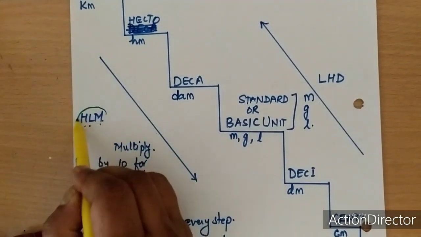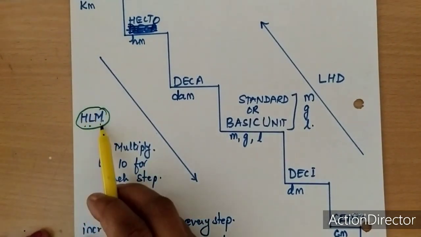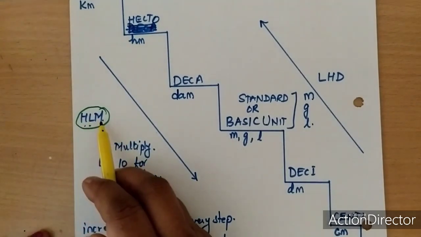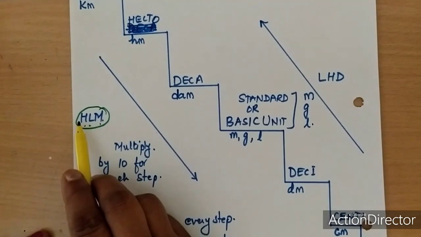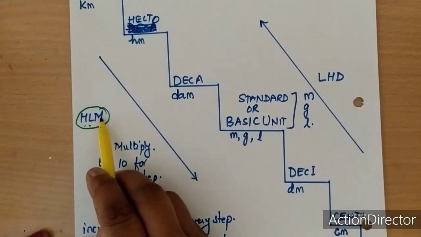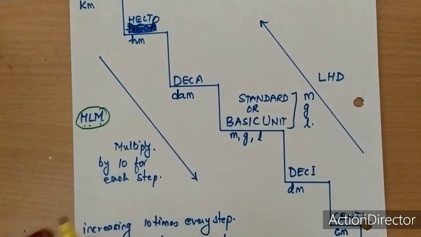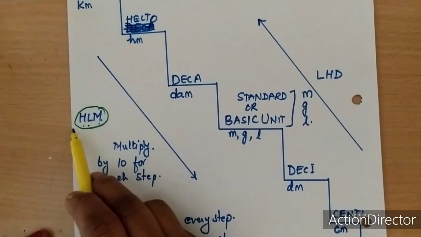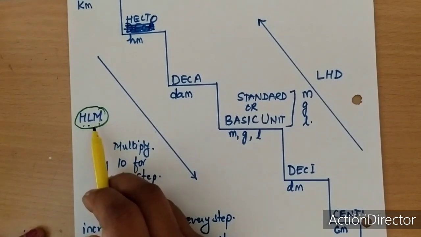What is the meaning of HLM? Now see, actually HLM is in alphabetic order. After H, L will come, and after L, M will come. So HLM means higher to lower multiply. This is the only trick to learn. Higher to lower multiply. And HLM is already in alphabetical order.